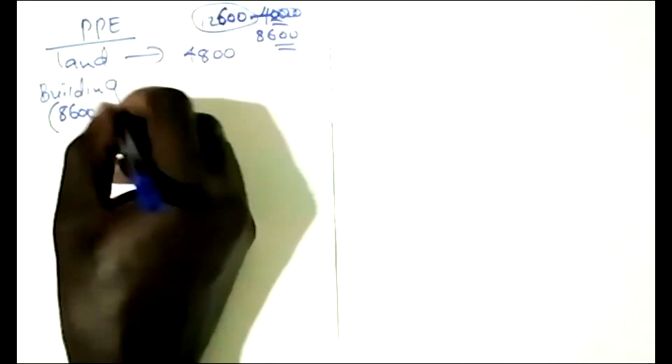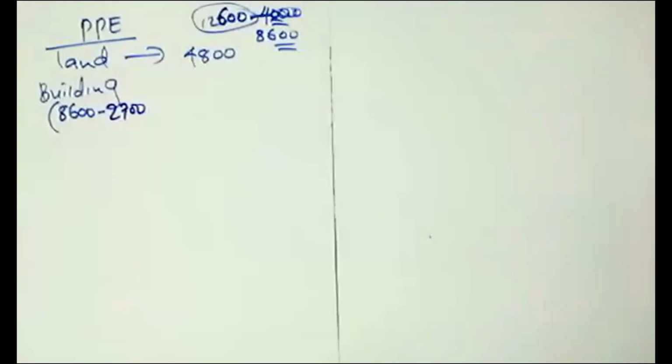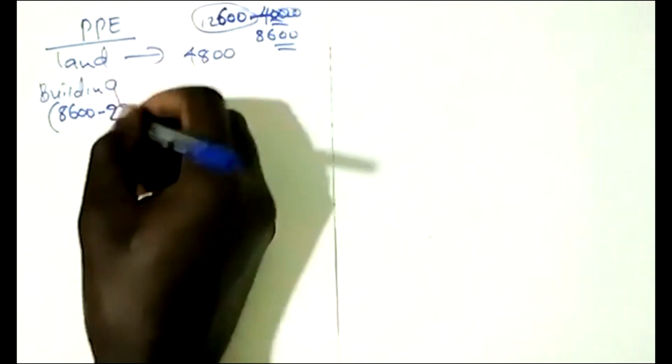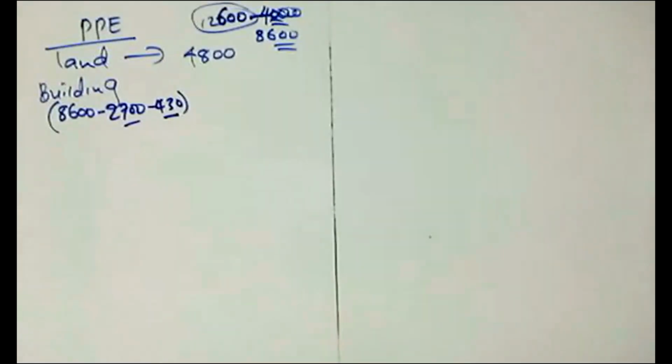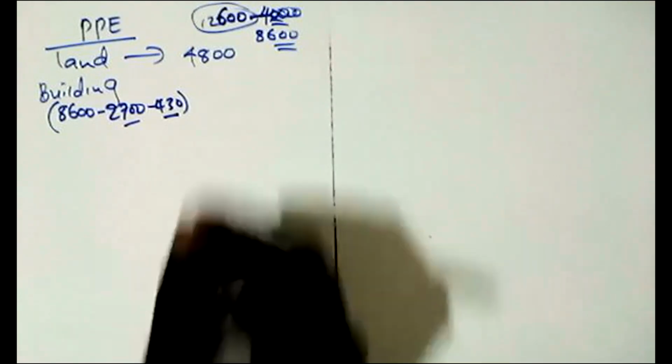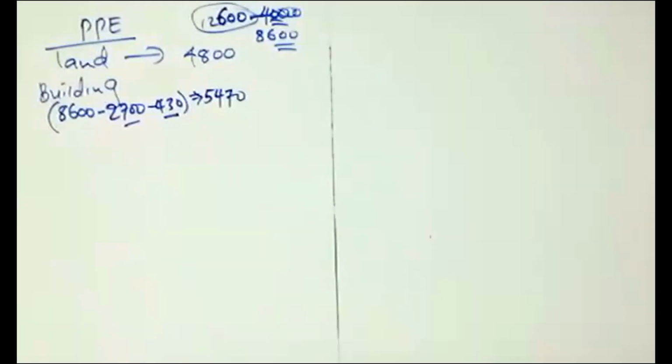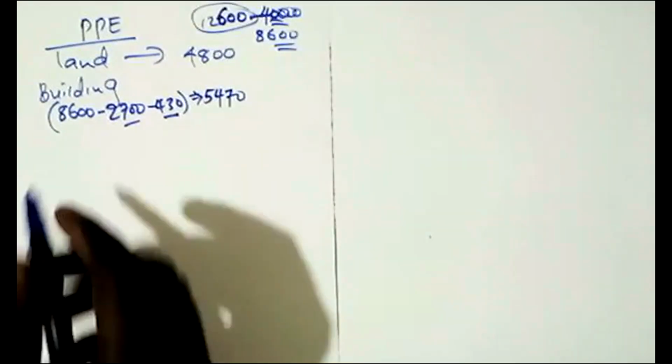So we computed the depreciation for the year for building. Yes. Depreciation for the year was? So you minus that for that. So this is accumulated, then this is depreciation for the year. So what are you getting? 5470. Then after that, there was that motor vehicle.